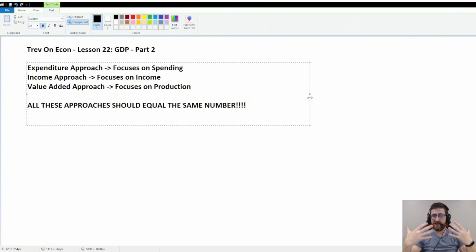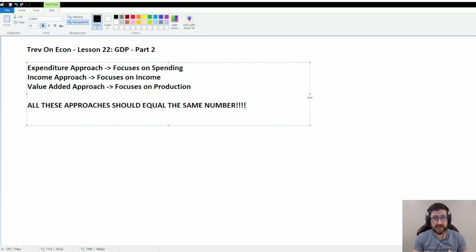So my spending should equal income because they're aligned. But the production process from value added, that's going to be how we get the price that tells us, well, what are we spending? And effectively, the money has to travel equally. We can't just magically lose money somewhere. So we should see these 3 things be equal.